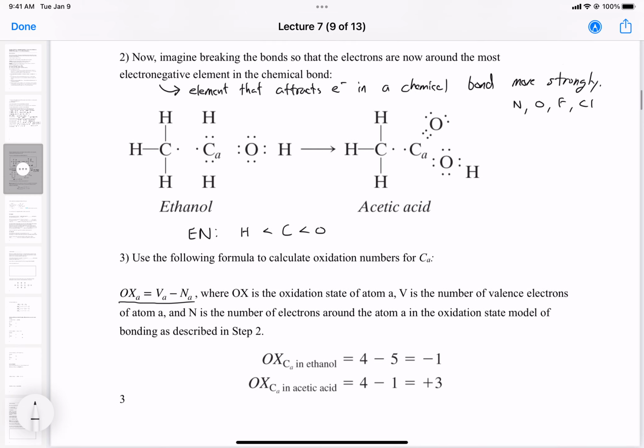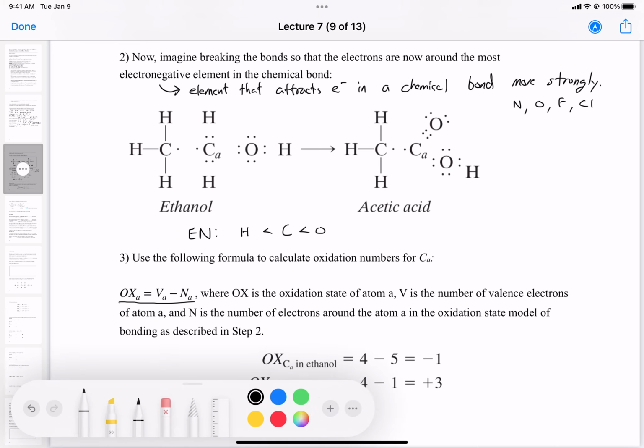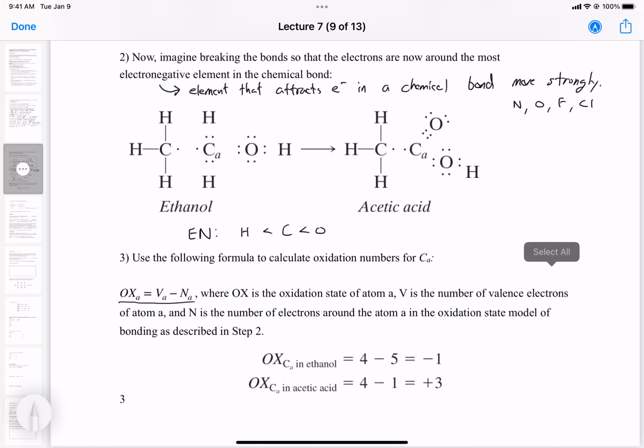Now if we look at acetic acid, it's going to look drastically different, right? The same number of valence electrons, 4, but if we look at the structure in acetic acid, we see there's only 1 electron around it, right? All the other electrons are around oxygen. So it's 4 minus 1.